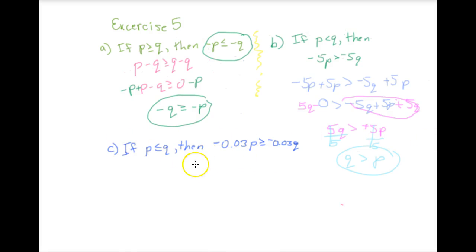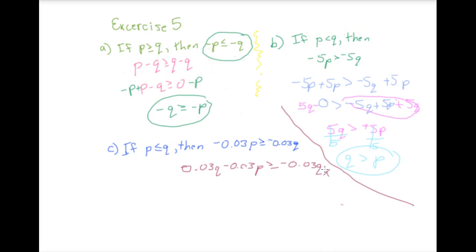So here again, I guess I'll add 3/100ths of Q to both sides, or the opposite. Is greater than or equal to the opposite of 3/100ths Q. Sorry, Bricia, I'm making a mess of this.